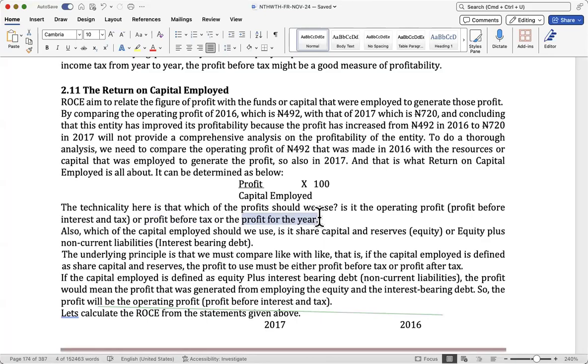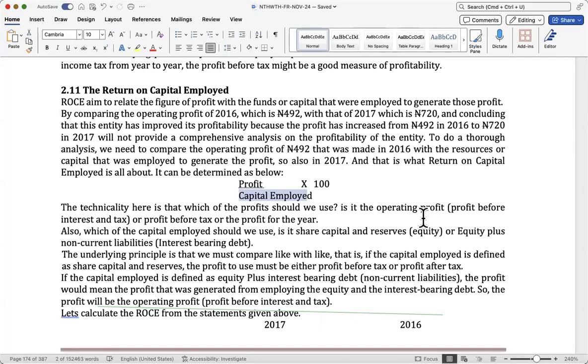So this profit for the year is seen as the profit that is due to the ordinary shareholders. So if the capital employed you are using is just equity, which is your share capital plus reserves, then the profit you must use should be either PBT or PAT. PAT is what I'm calling profit for the year. If you go and use any other profit, you're very wrong.